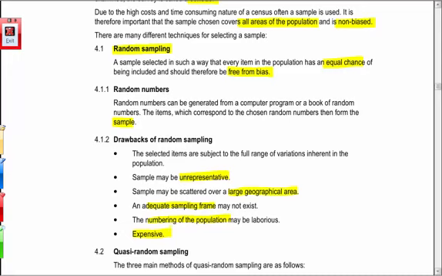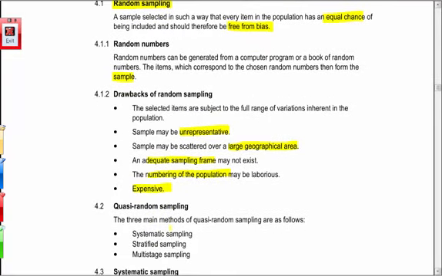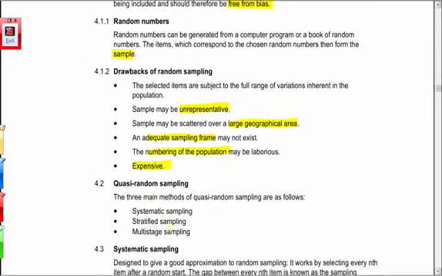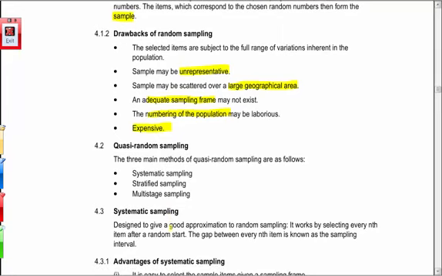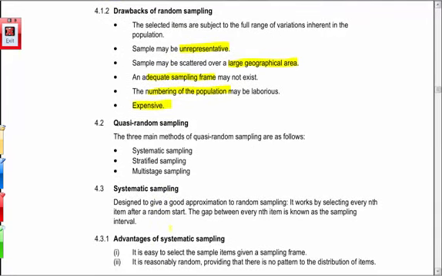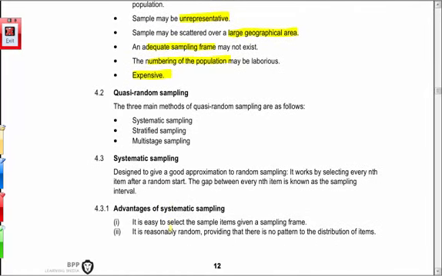As an alternative then, we can have some quasi-random sampling, which are a form of random sampling with slightly different characteristics. And we're going to consider systematic, stratified and multi-stage sampling to overcome some of those drawbacks of random sampling that we've just talked about. A systematic sample then is a good approximation to random sampling.